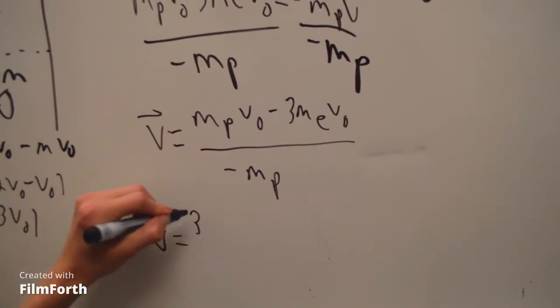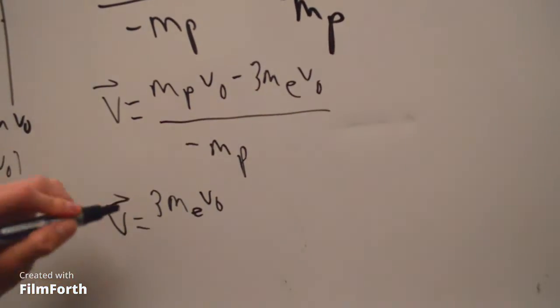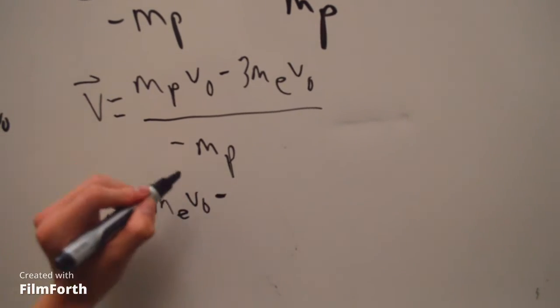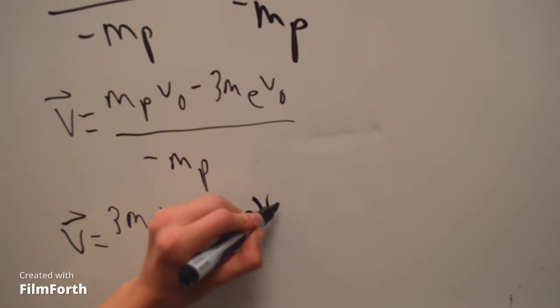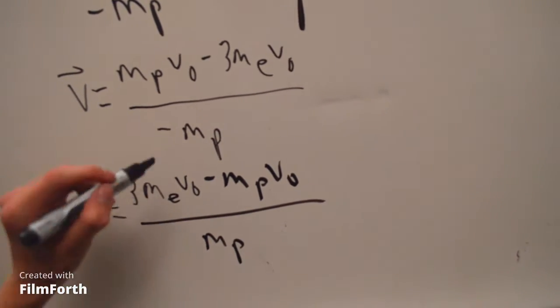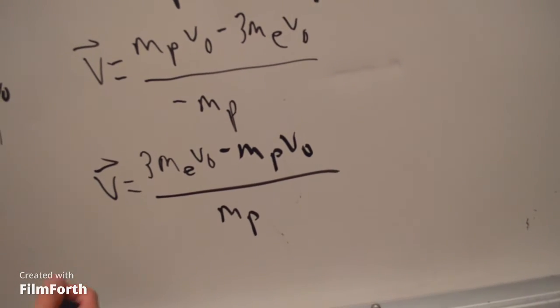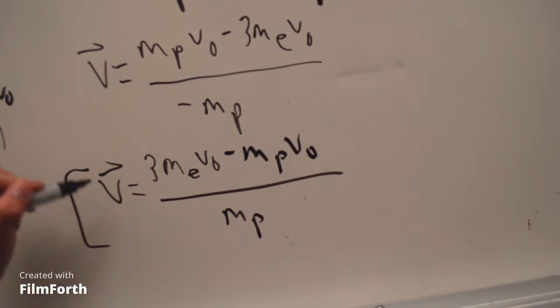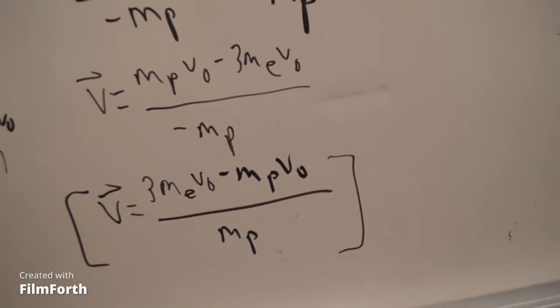So now we get 3 times the initial momentum of the electron minus the initial momentum of the proton divided by the mass of the proton. And it's positive because we factor out a negative here and the negatives cancel out. So this is our final equation for the final velocity of the proton.